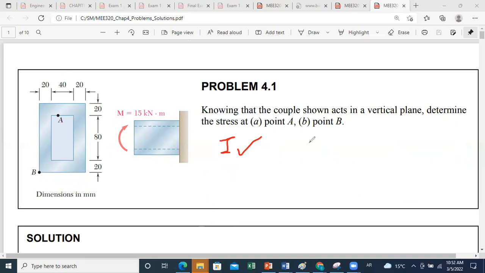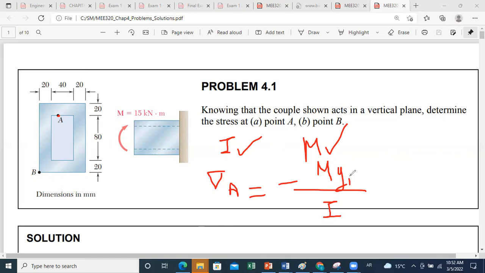Now we have the value of M, which is 15, so we can replace into the formula. We start with A. Okay, for A we said that sigma A is equal to minus M times Y over I. Now concerning Y, it's Y of A, it's the distance from the neutral axis.